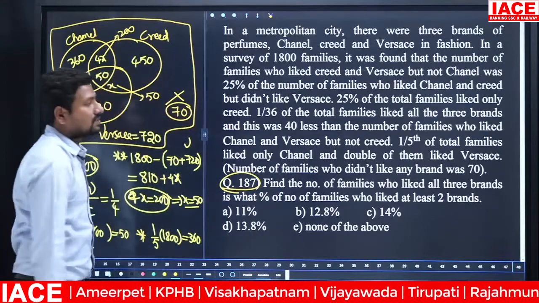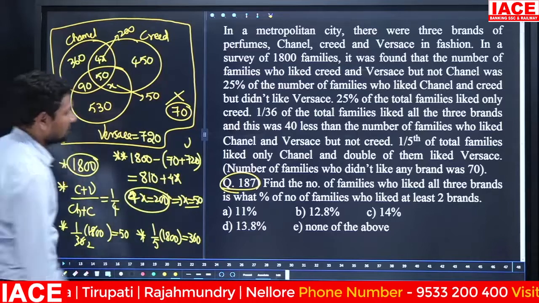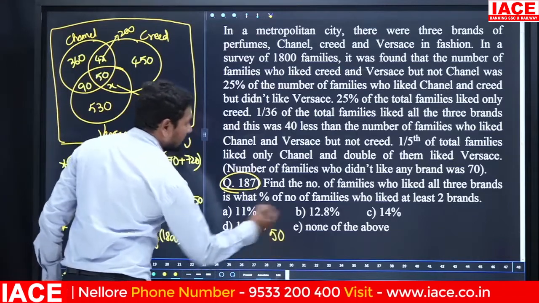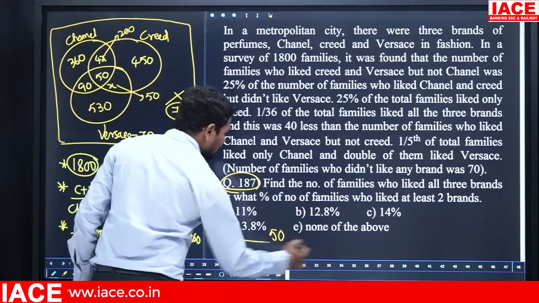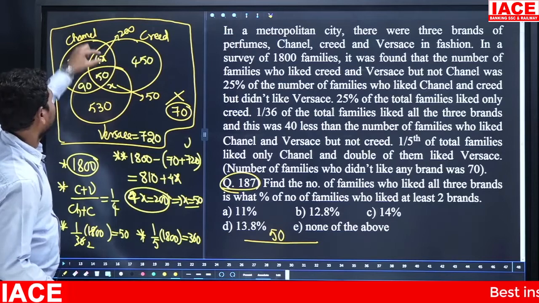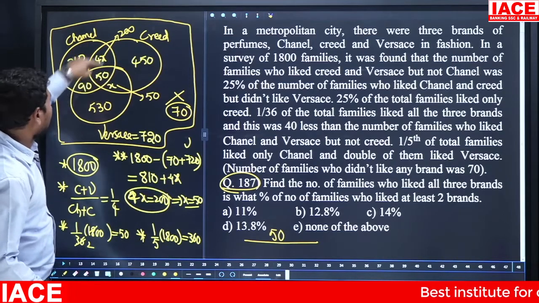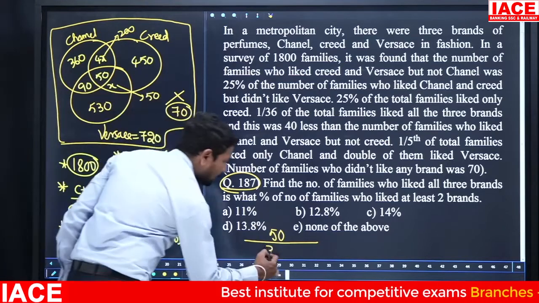Find the number of families who liked all the three brands. Who liked all the three brands is 50. 50 is what percentage of the number of families who like at least two brands? At least two brands means you can calculate: 50 plus 200, 50 plus 50 is 100, 100 plus 200 is 300, 300 plus 90 is 390.